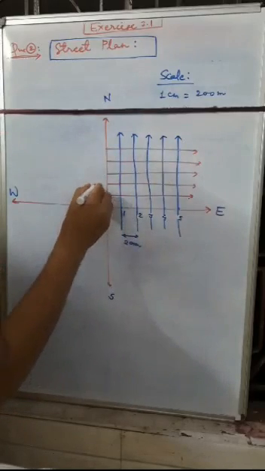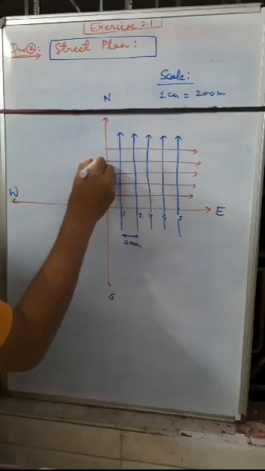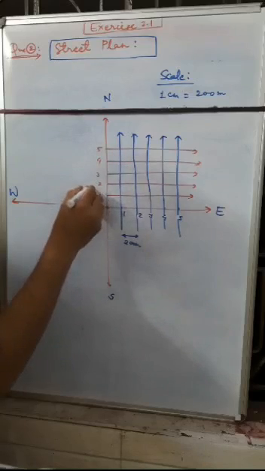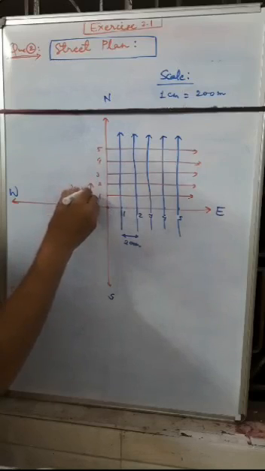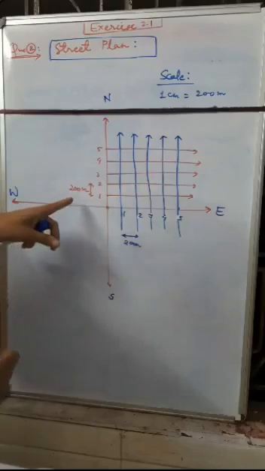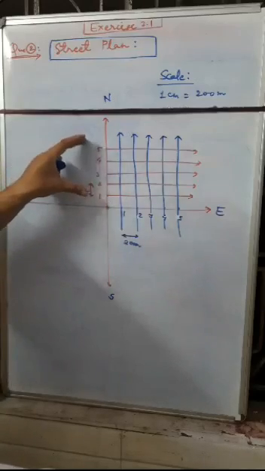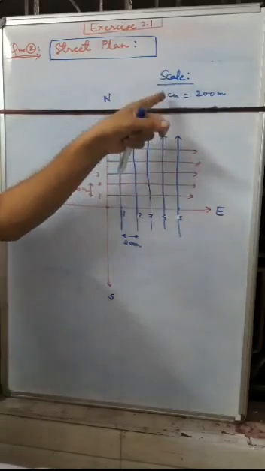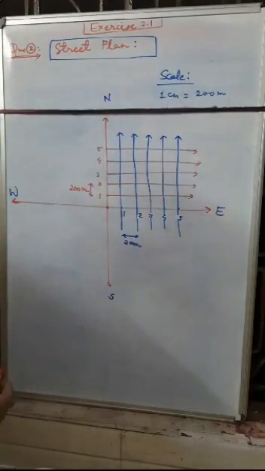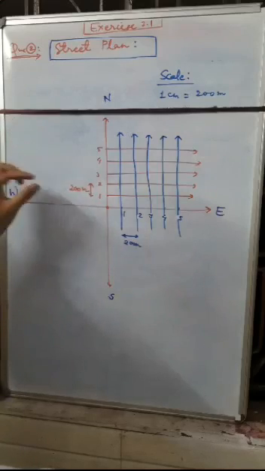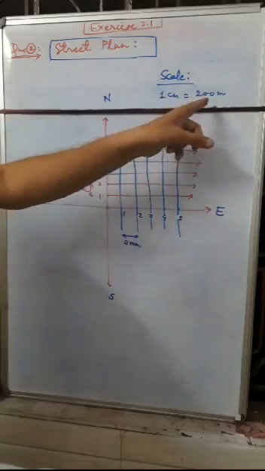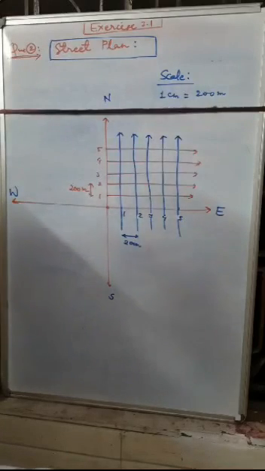These are also 200 meter apart, so the distance between 2 consecutive roads is 200 meter. But it is very difficult to show 200 meter on paper, so we have taken the scale 1 centimeter is equal to 200 meter. If you are drawing on graph paper, take 1 box equal to 200 meter.